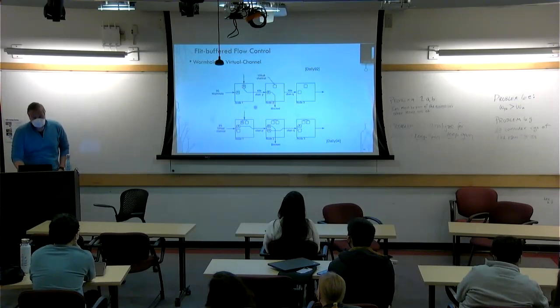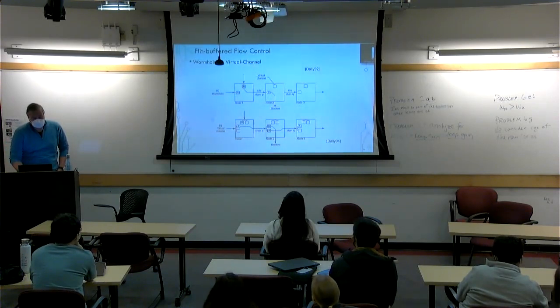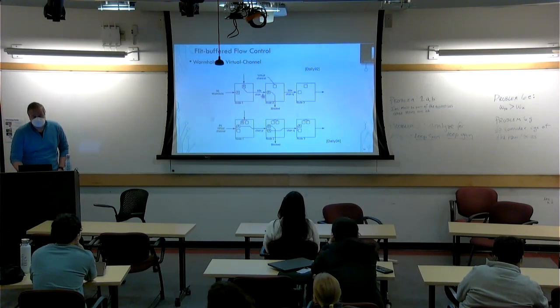So here you have another twist on this, which is called virtual channels, which solves the wormhole problem. With wormhole, if this downstream channel gets blocked, you're not going to be able to advance stuff from this buffer out, because the downstream channel is blocked. So that essentially makes this channel idle, right?